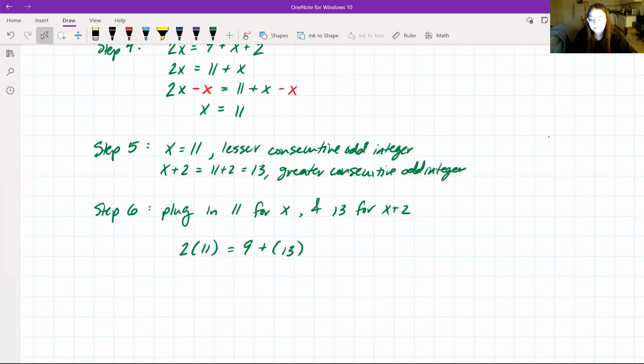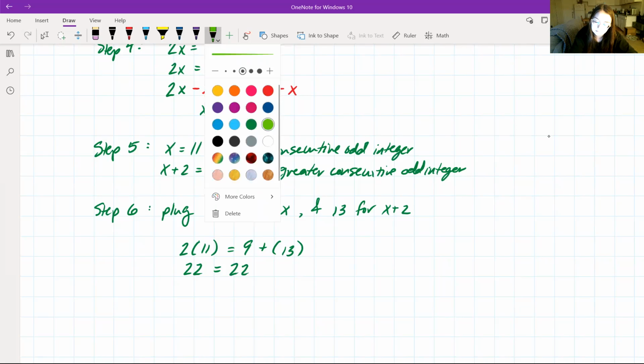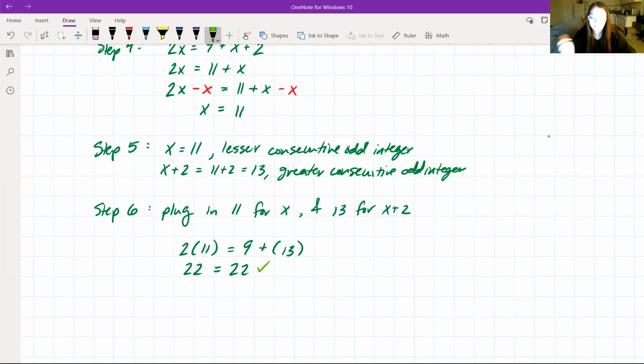So 2 times 11 is going to be 22, and 9 plus 13 is also 22. So our solution for our lesser consecutive odd integer being 11 and our greater consecutive odd integer being 13 is correct. So step 5 here is our final answer.